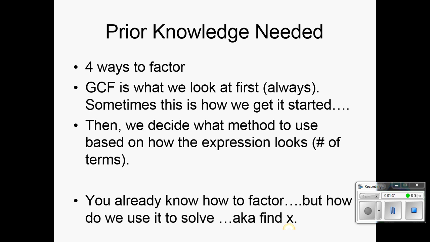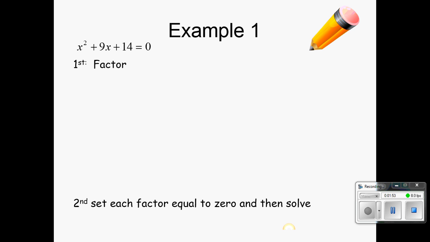You already know how to factor, or you should already know how to factor, but how do we use it to solve? Okay, so AKA, we're finding x. All right, so if we are trying to find x, then what does that mean? That means that we have an equation.